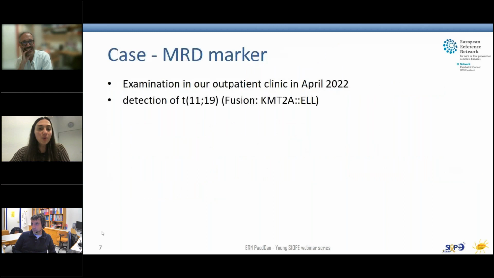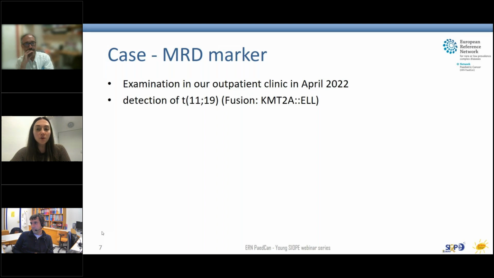So we go on with the next slide, and our case. The patient came to the outpatient clinic in our hospital in April 2022. Then we conducted the MRD marker analysis, as was shown by the diagram before, every 4 weeks. And we detected the translocation 11;19, unfortunately, in April.